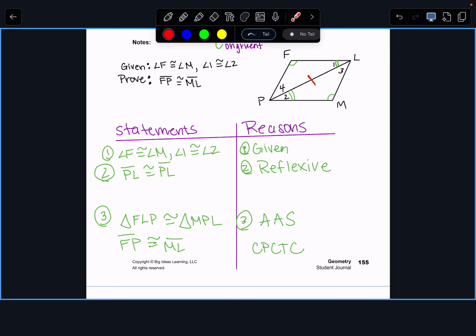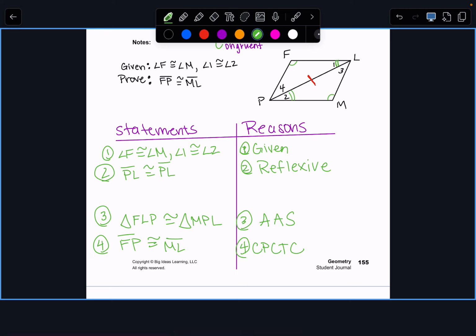Okay, let's do this. FLP. I go from one swoop to two swoops to the blank one. MPL. Okay. So now we can say, okay, FP is congruent to ML by CPCTC.